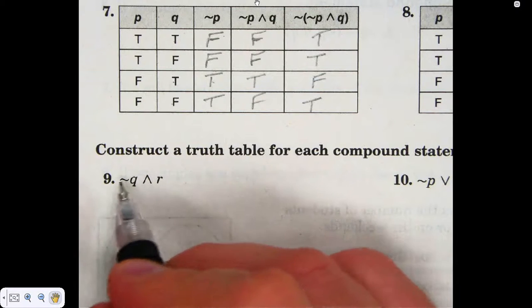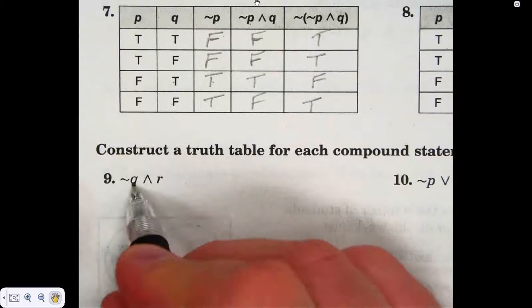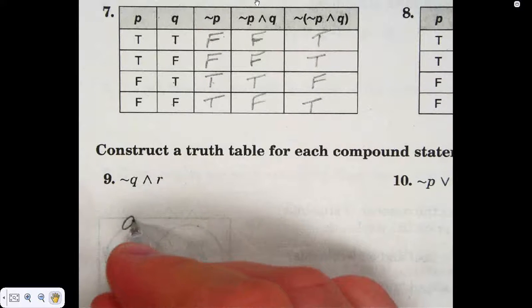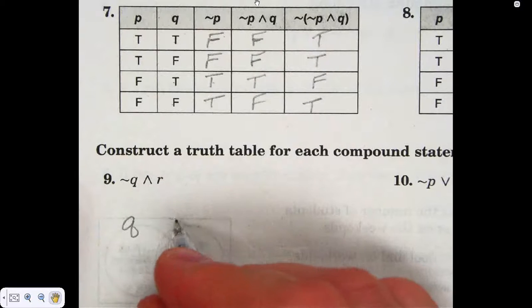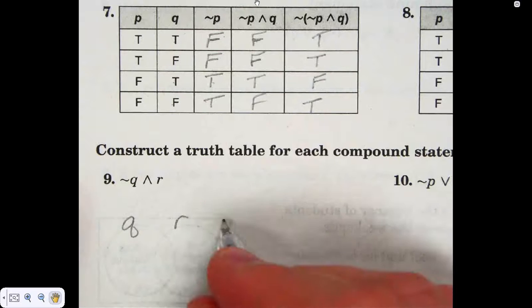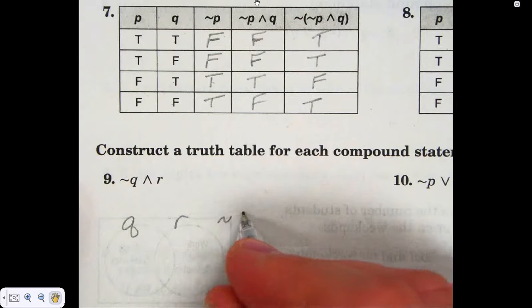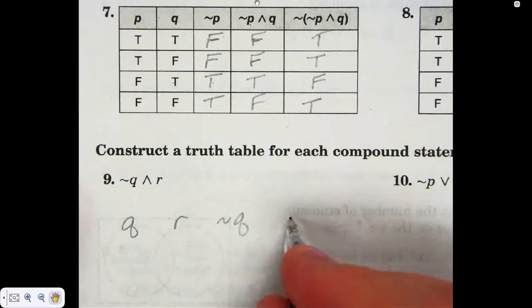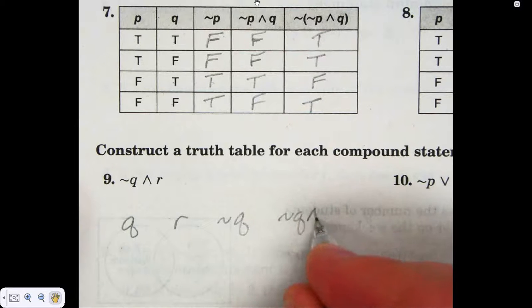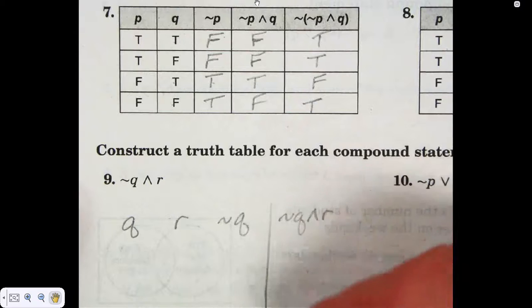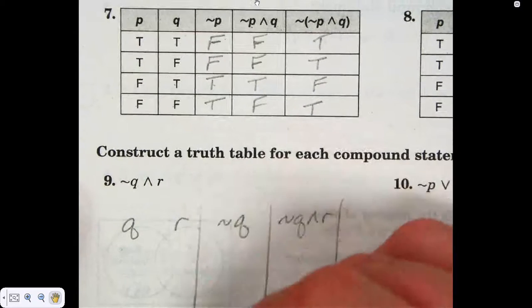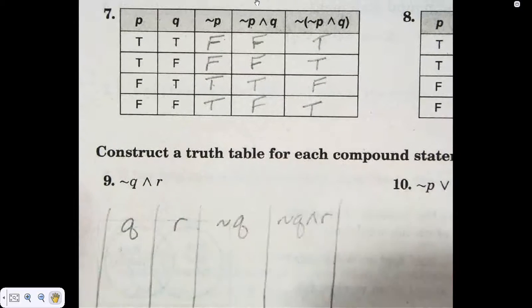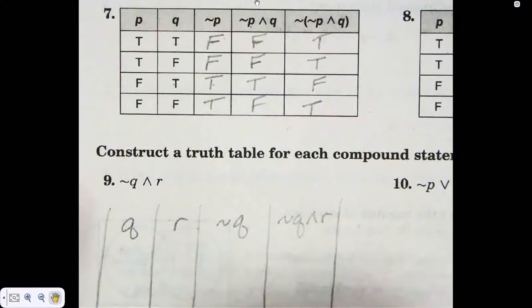You've got to start with Q and R. So you've got to have Q, then R, and then I need to have not Q. After I've established all of those, then I can figure out what not Q and R is.